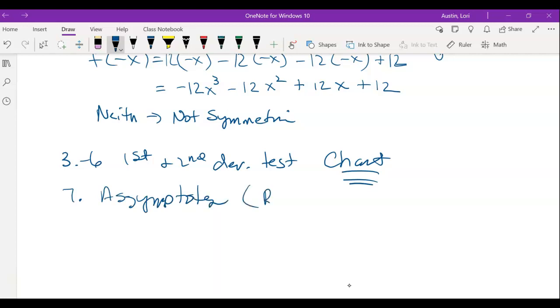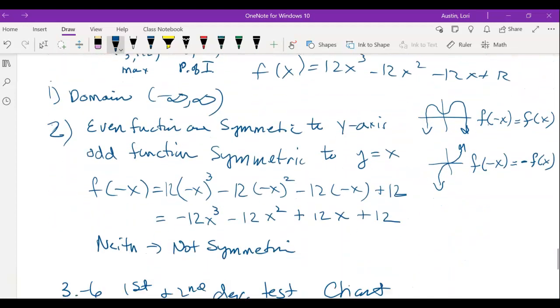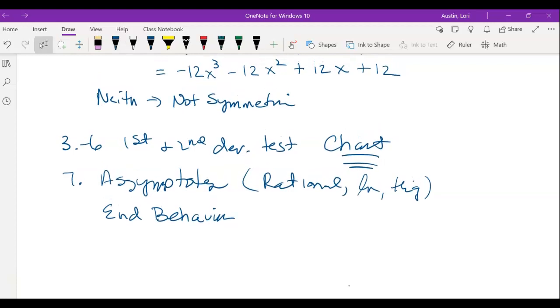Asymptotes you're only going to look for in your rational functions. You could have an asymptote in a log function, ln function. You could have an asymptote in some of your trig functions. We do not have an asymptote in a polynomial function, so we can skip the asymptote part. But we do have something called end behavior. Do you remember end behavior?